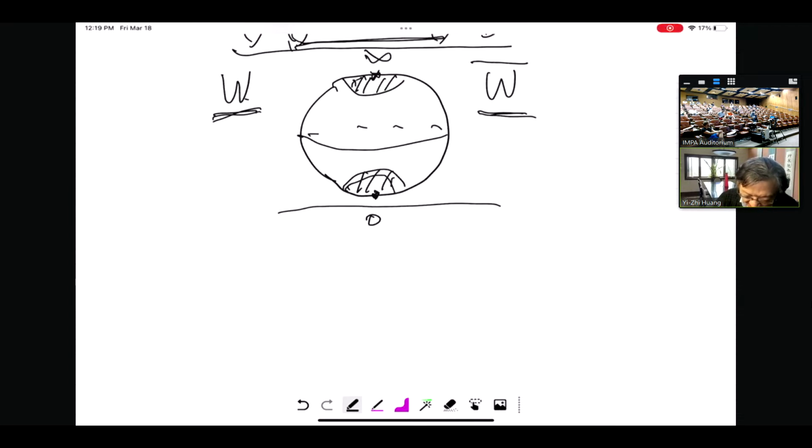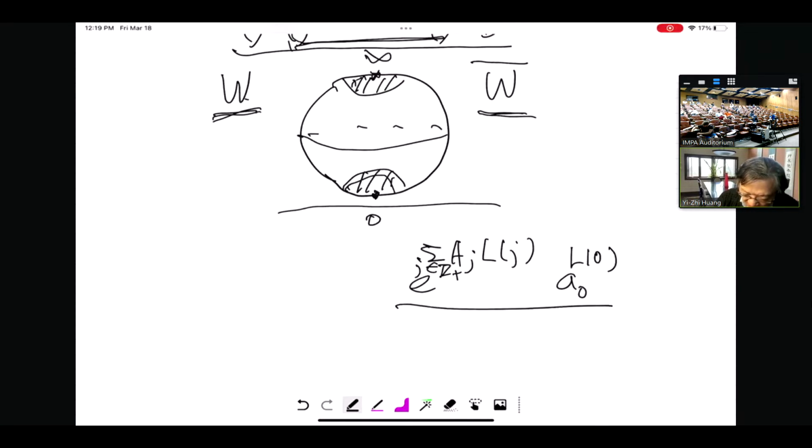It is given by just some exponential of, say, the sum of A_j L_j. This is the Virasoro operator, and this j is positive, so it's in Z plus. And also there's 0, you actually have L_0. This part corresponds to the arbitrary local coordinate here. So it corresponds only to the local coordinate here.